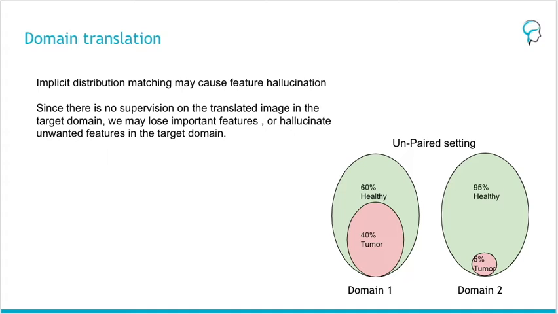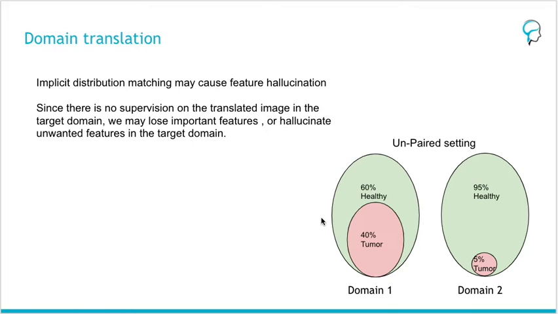That is because we don't enforce any direct supervision on the transformed distributions. Therefore, this may cause the image to lose some important features along the way or hallucinate unwanted features in the new domain.